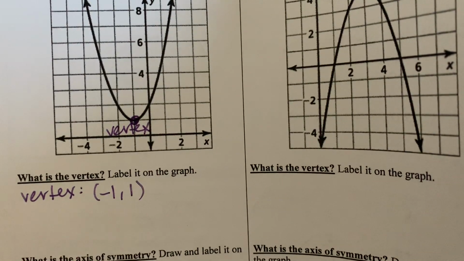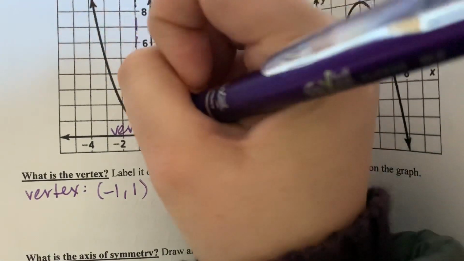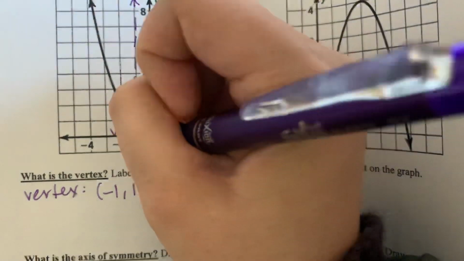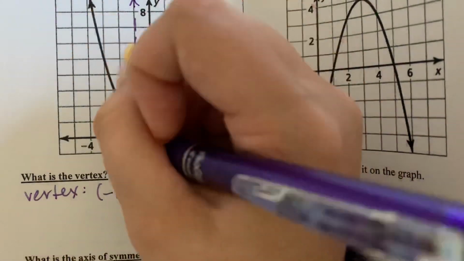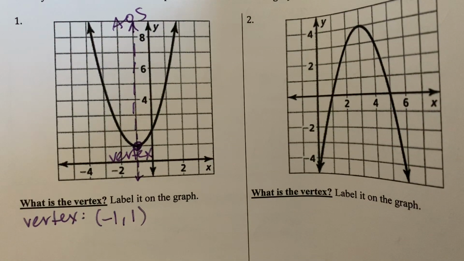Axis of symmetry. Same thing, draw and label. I want you to, on the physical graph, put it on there and label it as the axis of symmetry.